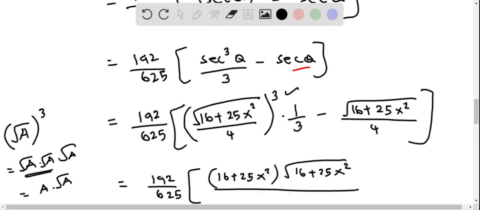So let me replace this with 192, minus, we have this other expression, the square root of 16 plus 25x squared over 4.